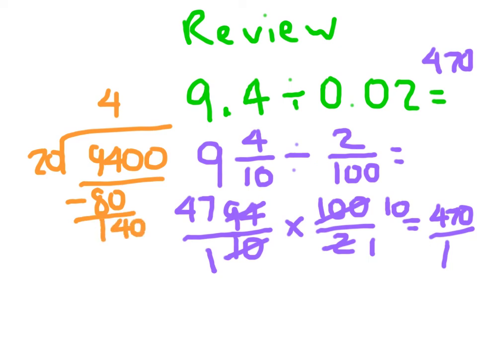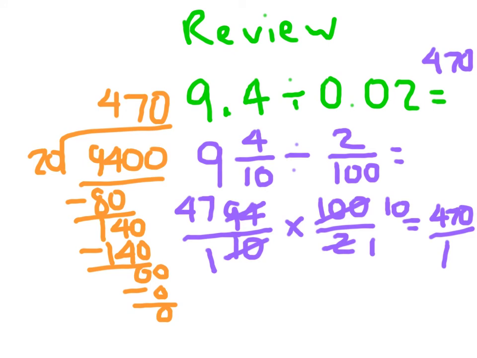Bring down the 0. 140 divided by 20 is 7. 7 times 20 being 140. And I need to bring down one more 0 and place a 0 there as well. That 470 that I had mentioned before. Double-digit division is where we're headed next.